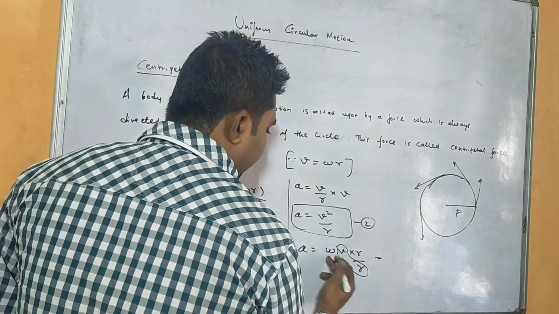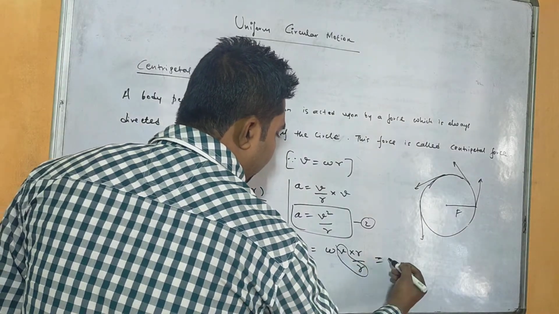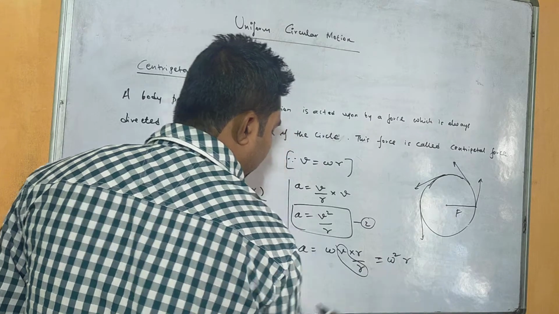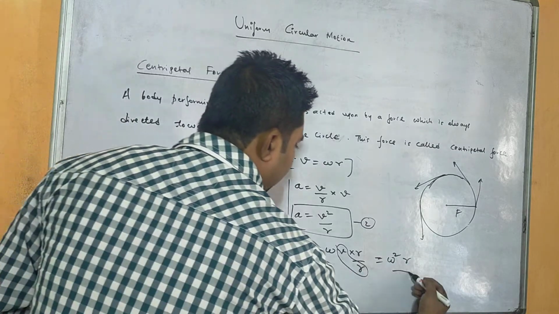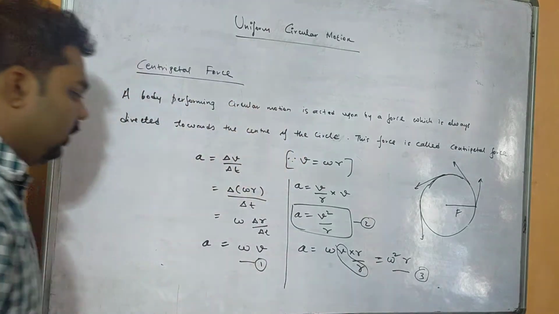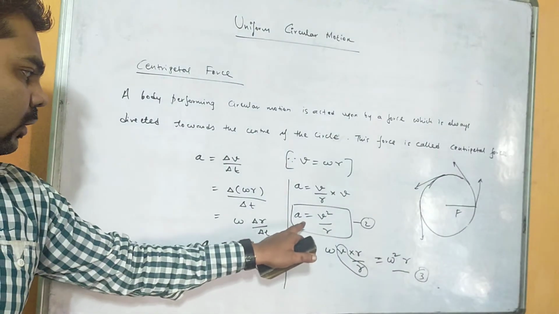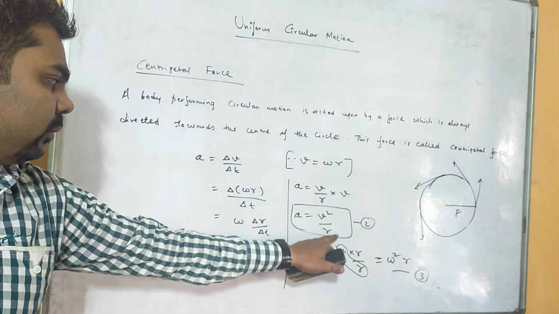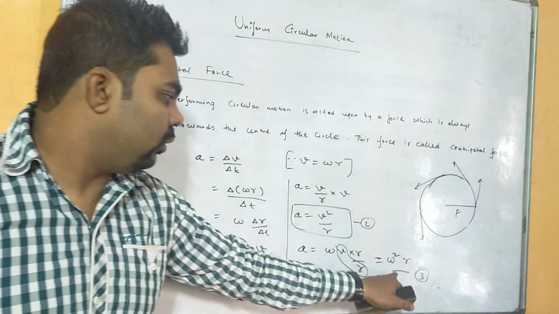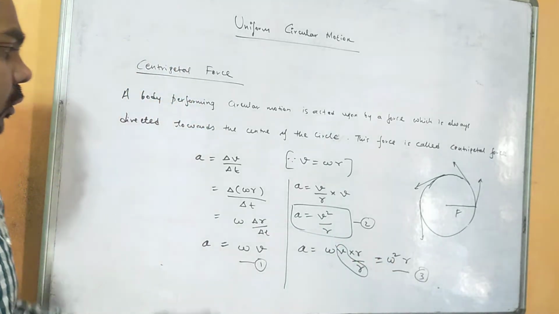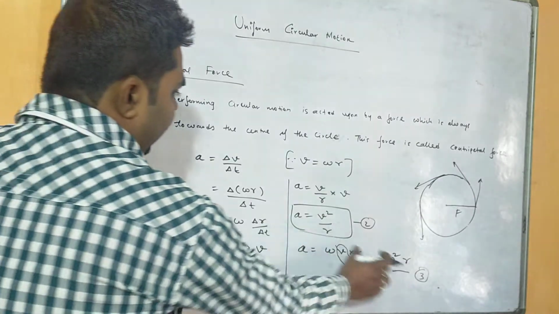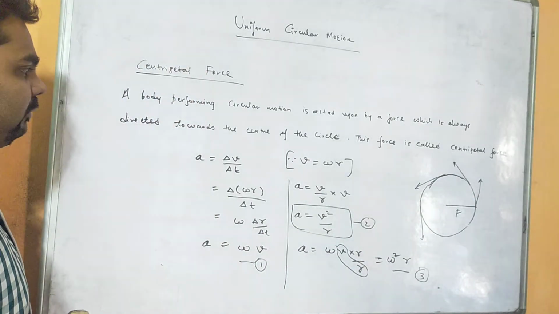So this can be written as omega into omega, that means omega square r. Okay, so this is the third equation. So acceleration can be written as omega v, or a equals v square by r, or a equals omega square r. Okay, so these are the three expressions for acceleration.